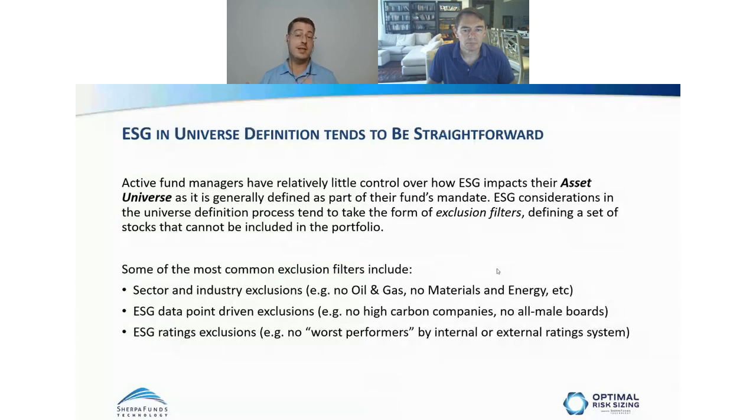It might mean an ESG ratings exclusion, though in practice I don't think we have actually seen one of these. More often than not, it's characteristics of the company rather than an ESG data-driven discussion. But by and large, ESG in universe definition is fairly straightforward. What are you not allowed to invest in and why?